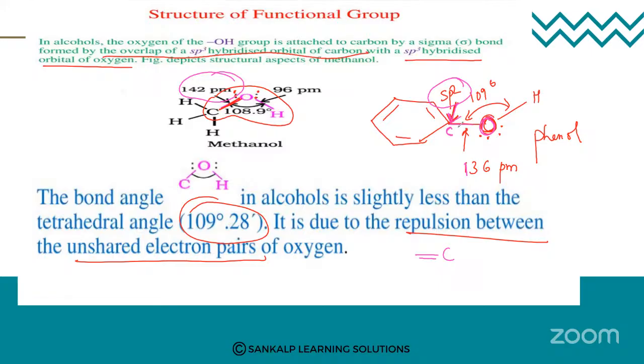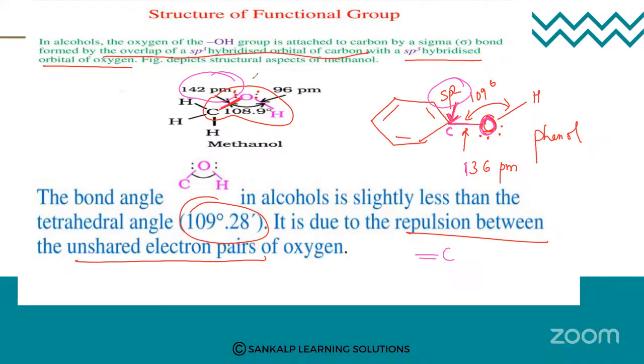Second, the C-O bond has a partial double bond character, due to conjugation of the lone pair of electrons on the oxygen with the benzene ring. These are the two reasons why the C-O bond length is slightly less than in methanol. So this is the structure of the functional group.